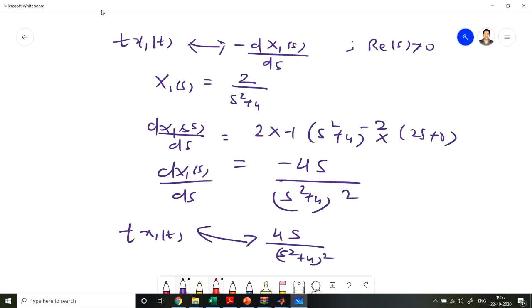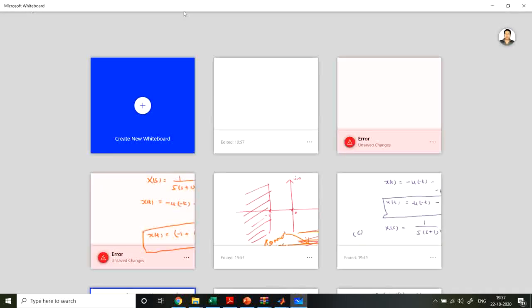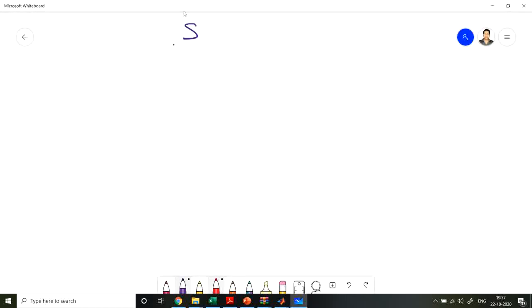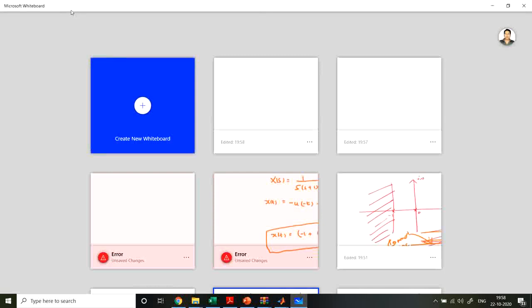Now what is the question? In this question we have only s divided by s square plus 4 whole square, so we can divide 4 on both sides. So what we are getting is that s divided by s square plus 4 whole square, the inverse Laplace transform is nothing but 1 divided by 4.